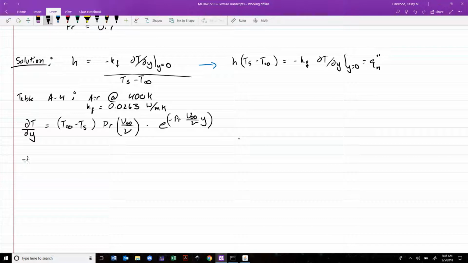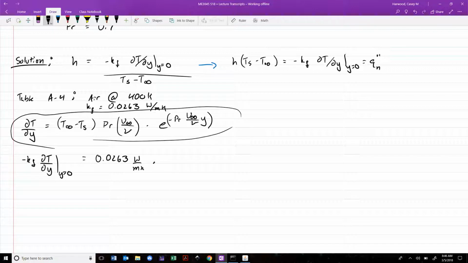Okay, and so now that we have this, if we plug in negative k_f times the temperature gradient at y equals 0, we would end up with, right, here's our k_f right here, 0.0263 watts per meter Kelvin times, evaluating this temperature gradient at y equals 0 just means plugging in a 0 into the y right here, which turns that exponent into a 1.